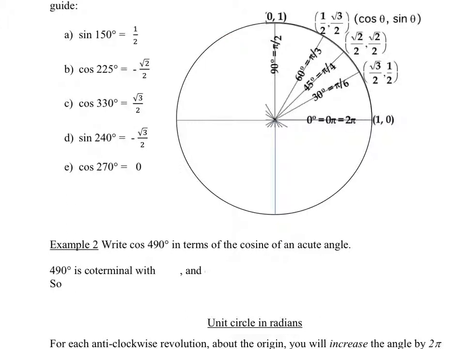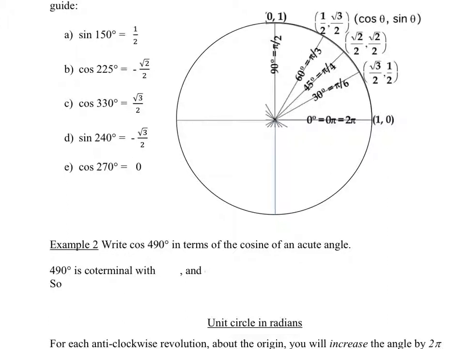130 is going to be the same as 180 minus 50. So there's a point over here which is going to have the same x-coordinate but negative compared with a value that would be over here. If you had 50 degrees over here, there would be an x-coordinate which we'd then have to make negative to get the cosine of 130 degrees.